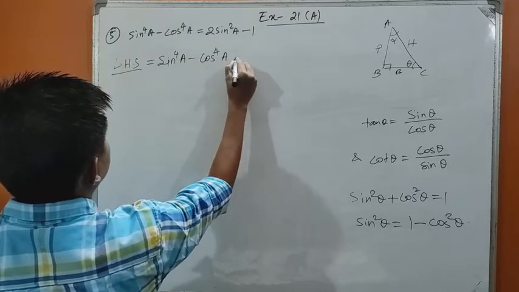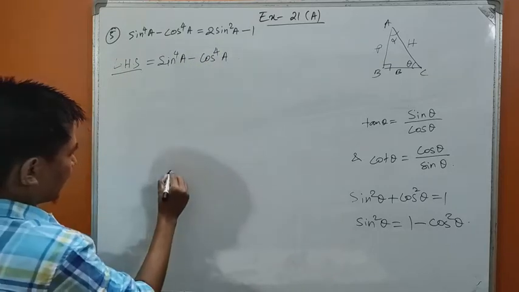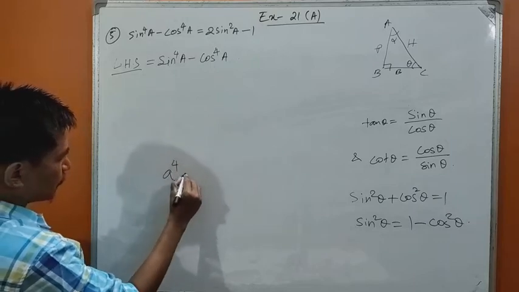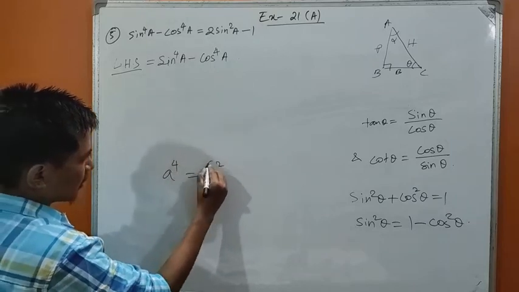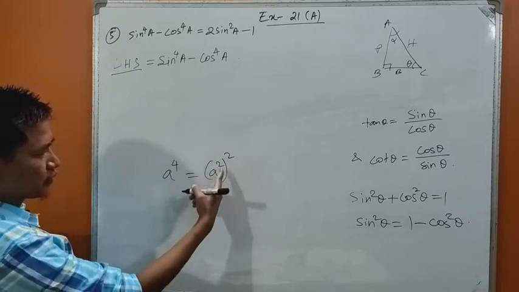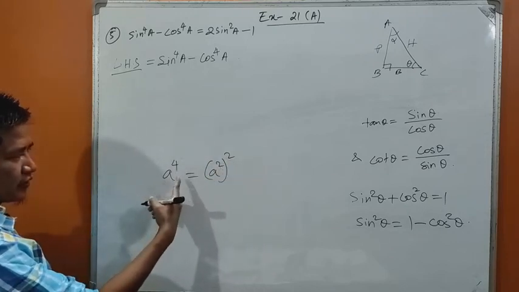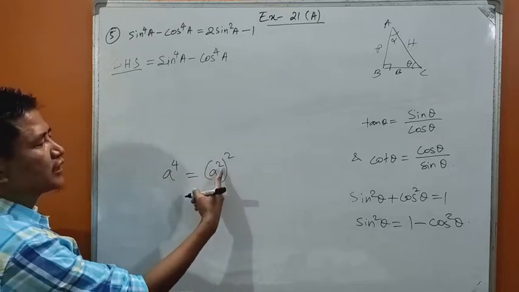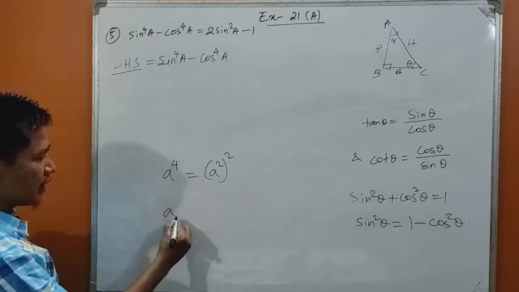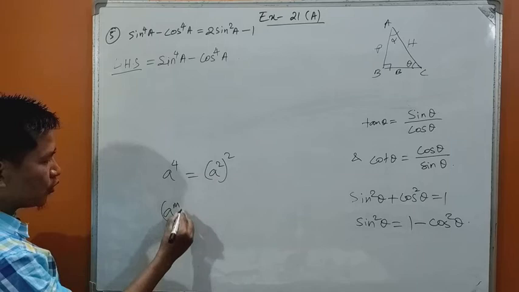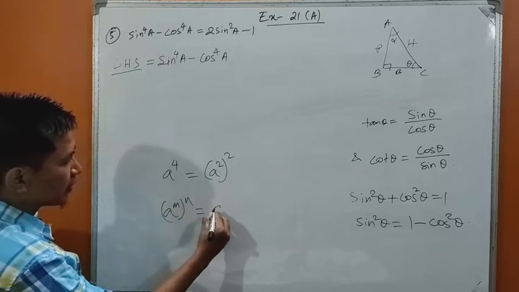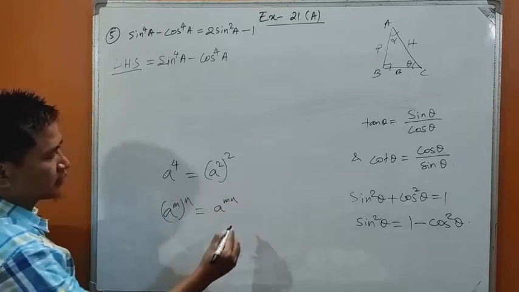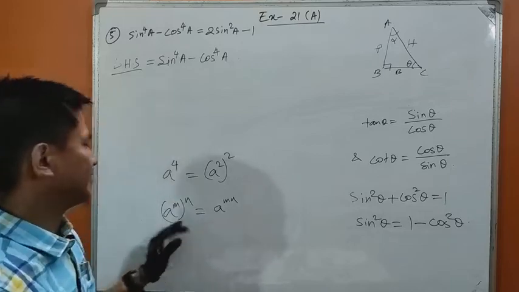Since you know that a to the power 4 can be written as a square whole square, because a to the power m whole to the power n equals a to the power mn. This rule is from the indices, isn't it?